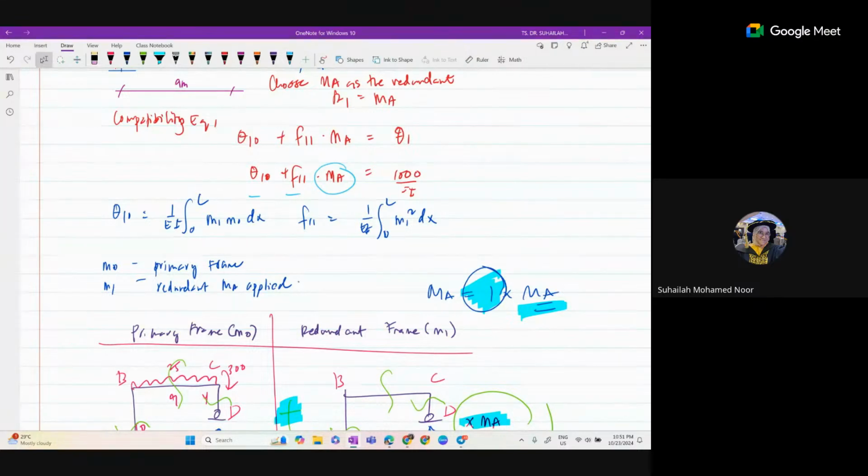All these effects can be exam questions where you have to explain, justify and discuss. Okay, that's all.